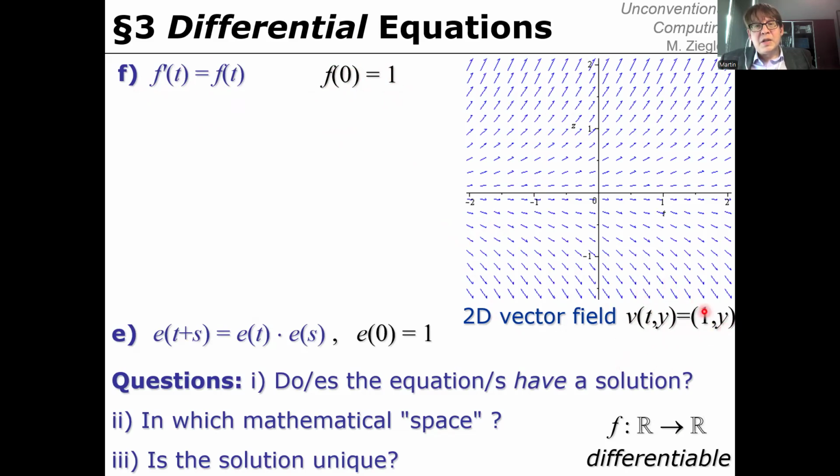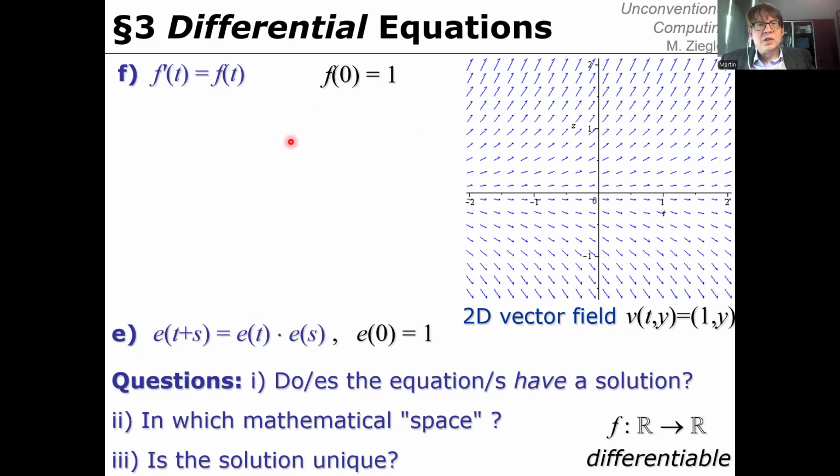Imagine this to be an arrow, right? The larger y gets, the longer the arrow in the y direction. So in the t direction it's always length 1, but in the y direction it becomes longer and longer.